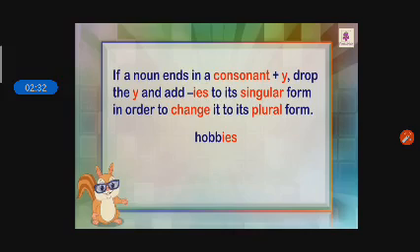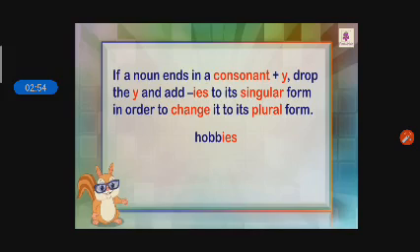Among those 26 letters, A, E, I, O, U are vowels. Remaining letters are all consonants. So you can see the last word, HOBBIES. This is the example of this plural form.